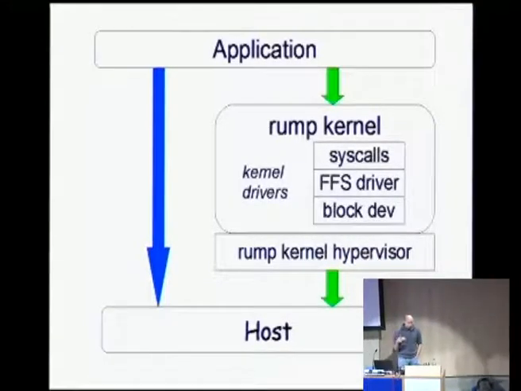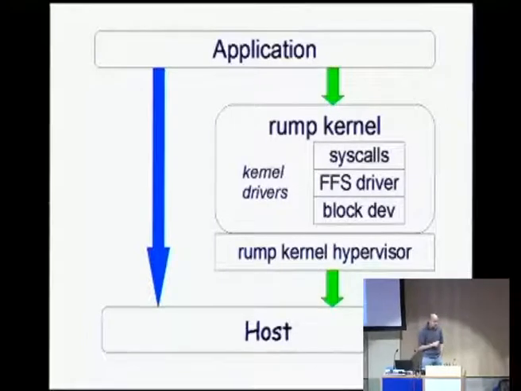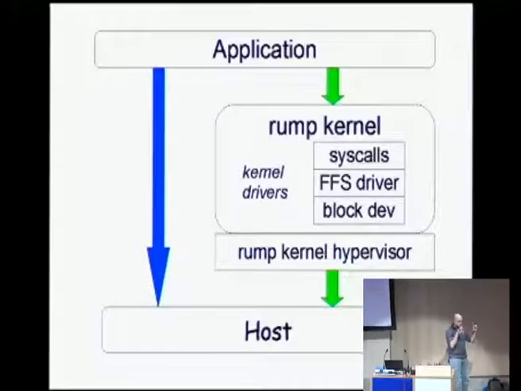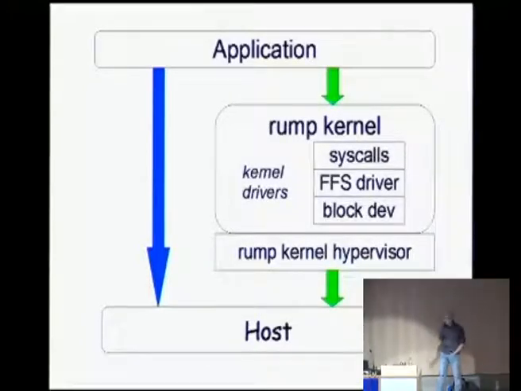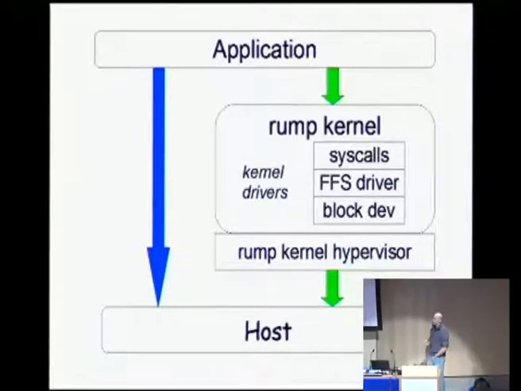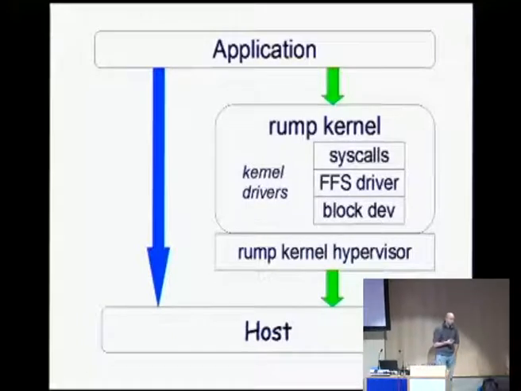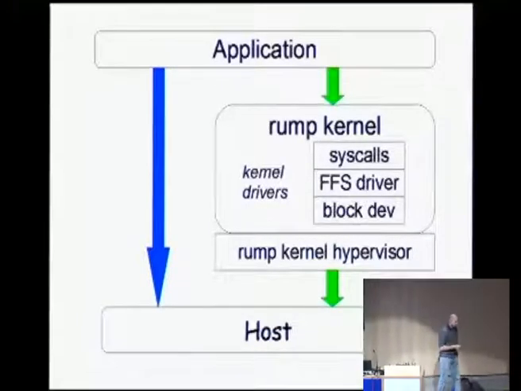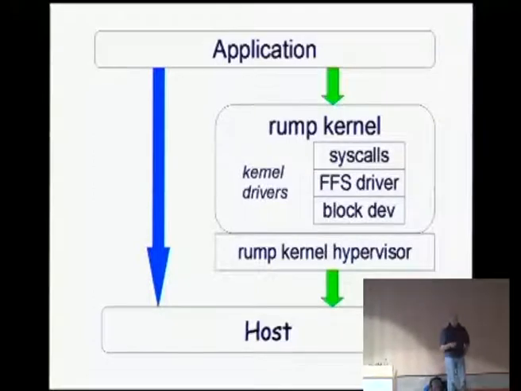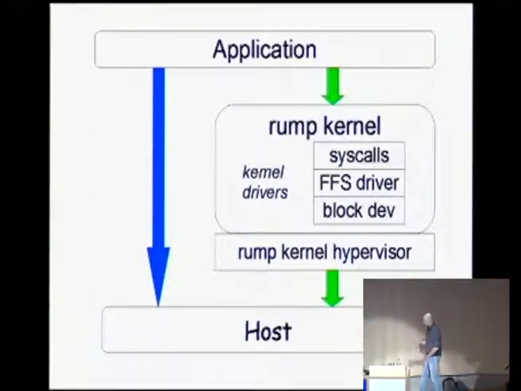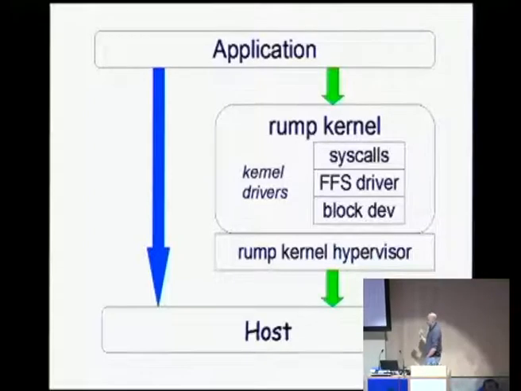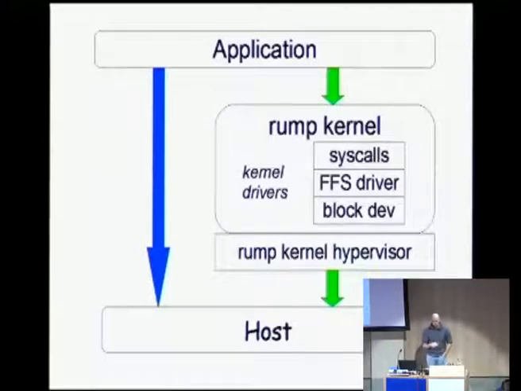So this is some sort of fancy picture of what was going on. This entire screen represents one process. We have the application layer on the top, which was the source code I showed you. That's where we bootstrapped the rump kernel, mounted the file system, read the file system contents, and so forth.